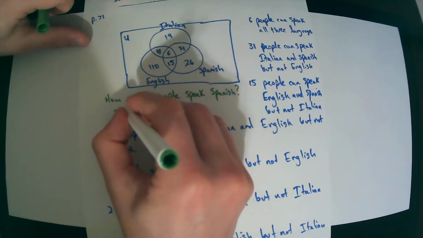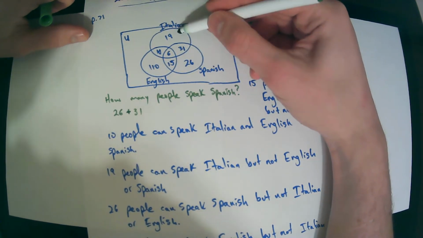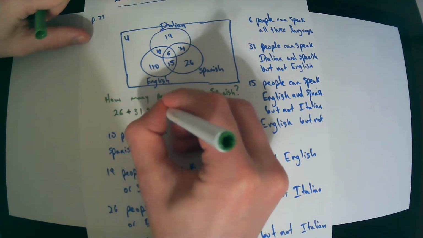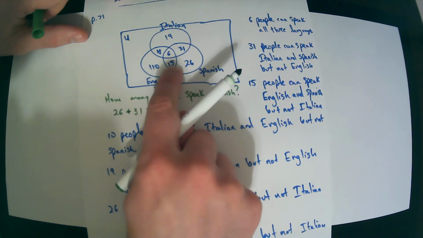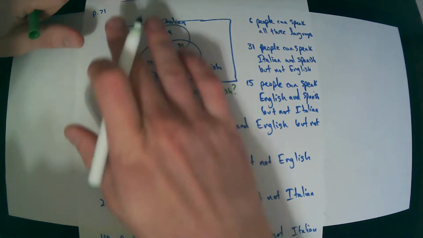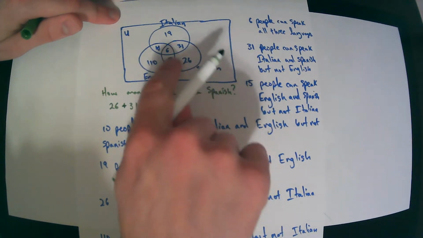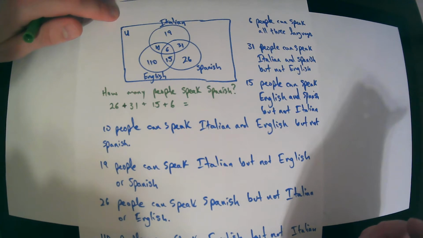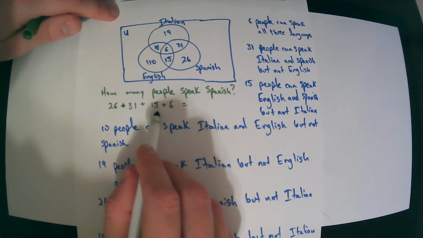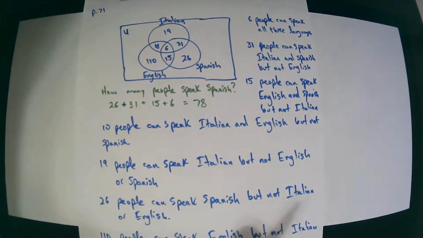But then we've got the 31 who can speak Spanish and Italian, so those 31 people can speak Spanish, plus the 15 people that can speak English and Spanish, and then plus the 6 who can speak all three. So how many people in this whole group can speak Spanish? Well, it's whatever the sum of all these numbers in the Spanish circle is. So, whatever this is, let's see, that's 21, 52, so I think 78, I believe.